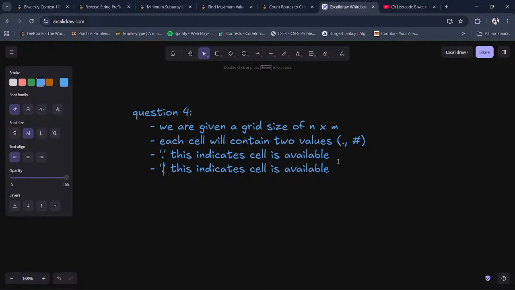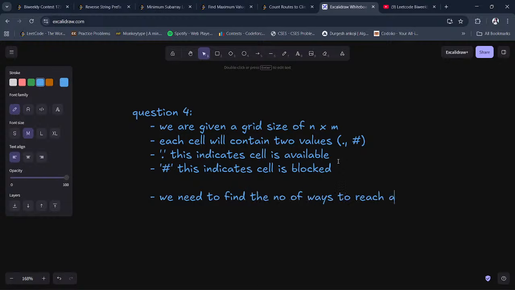Hash indicates the cell is blocked. We need to find the number of ways to reach the top, that is, we need to reach row equals 0.